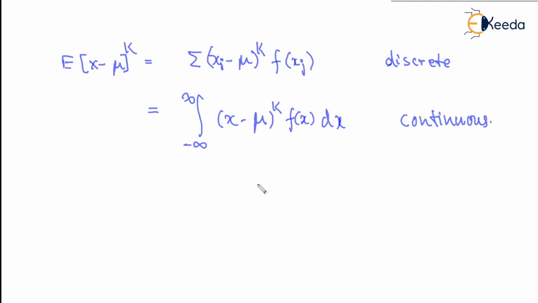So this is the kth central moment, and for k equal to 2, E of (x minus mu) squared gives the variance, or the square of the standard deviation, which is sigma square. We'll see that.